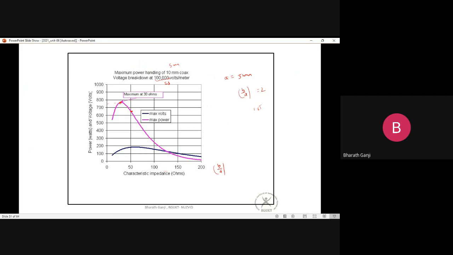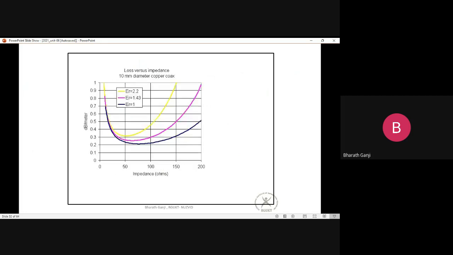So these are the plots indicating what is a good B by A ratio that you can choose to get maximum power handling capability as well as low attenuation. Previously we didn't include any epsilon r; it was only taken as 1. If you change your epsilon r, you can see the attenuation constant alpha c. This is for epsilon r equal to 1, where you saw the minimum was around 77 ohms.